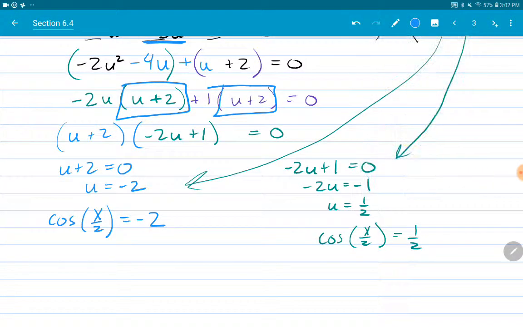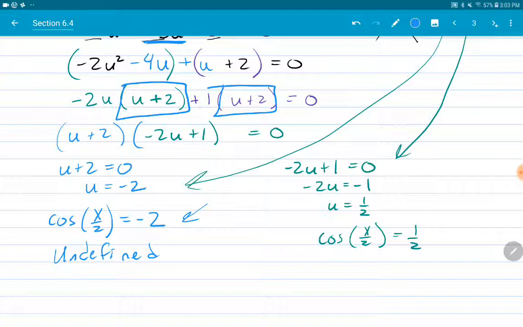Okay, let's look at one equation at a time. Let's look at this blue one. I have cosine of something equals negative 2, and I know that the range of cosine is only negative 1 to 1. So that is not possible, so this is undefined. So we are done with that side.